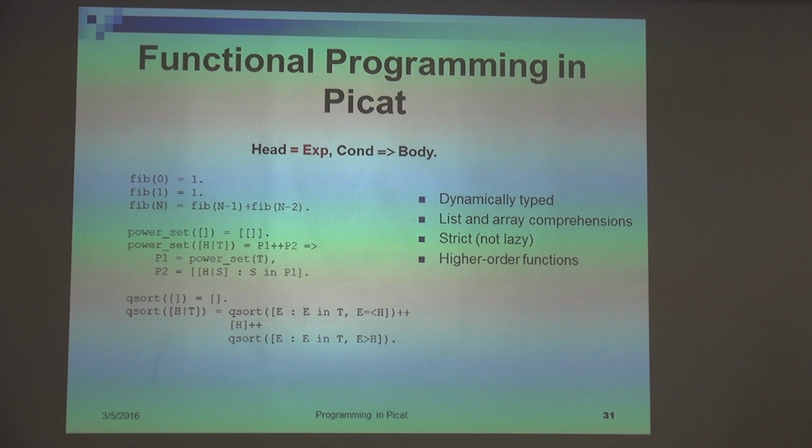Also, this is a strict language, which means before you make a call, all the arguments will be evaluated. It supports higher-order functions, but using them is not encouraged. Why? Because you pay a big price; it's not efficient. So you are encouraged to use list comprehensions when you want to use higher-order functions.